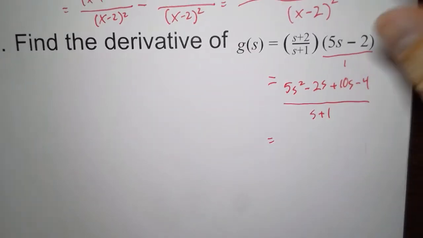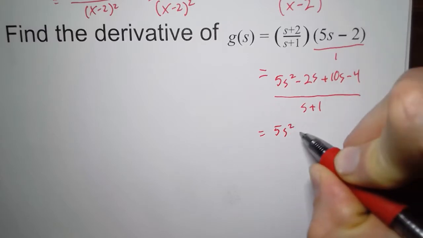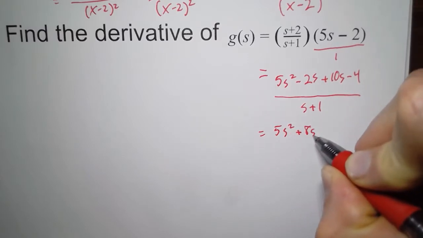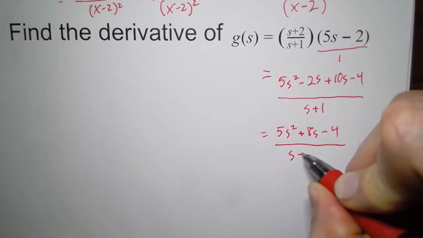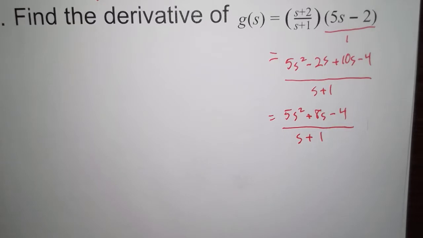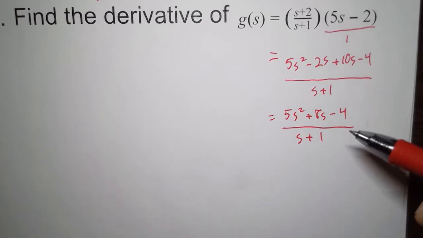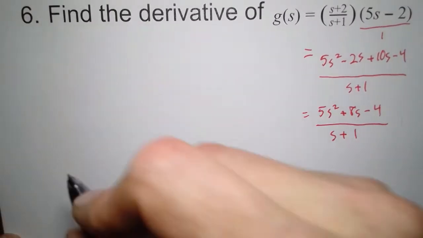And then when we simplify that, we get 5s squared plus 8s minus 4, all over s plus 1. Now again, that's still just our basic function. We haven't taken a derivative yet. But this makes it a lot simpler because all we need is quotient rule now. So let's apply that.